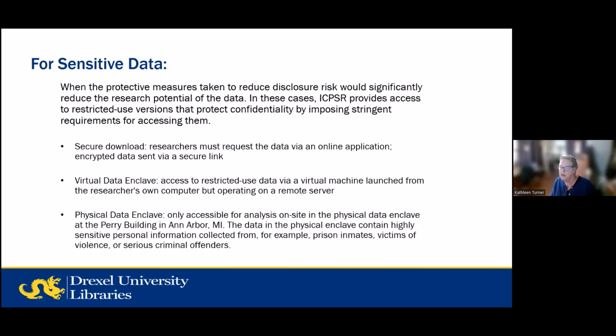And then the third and most restricted is a physical data enclave, often referred to as the Bat Cave. This is where data is so sensitive that it is only accessible for on-site access in one of the buildings in Ann Arbor.